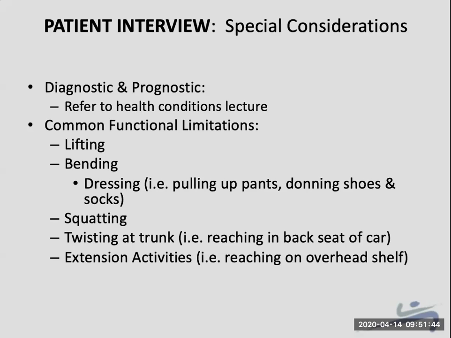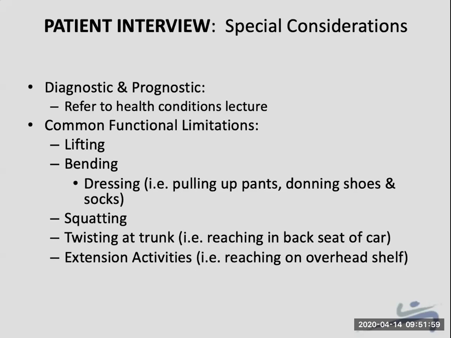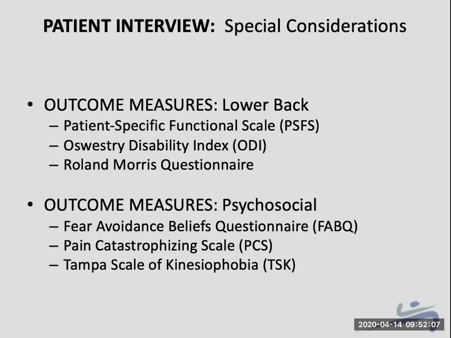Extension activities, especially if we're talking about facet arthropathy or other degenerative arthropathies, and twisting at the trunk as well. Again, these are just some common functional limitations that you'll hear, and you're likely to hear different things with your patients, but commonly we'll hear these.